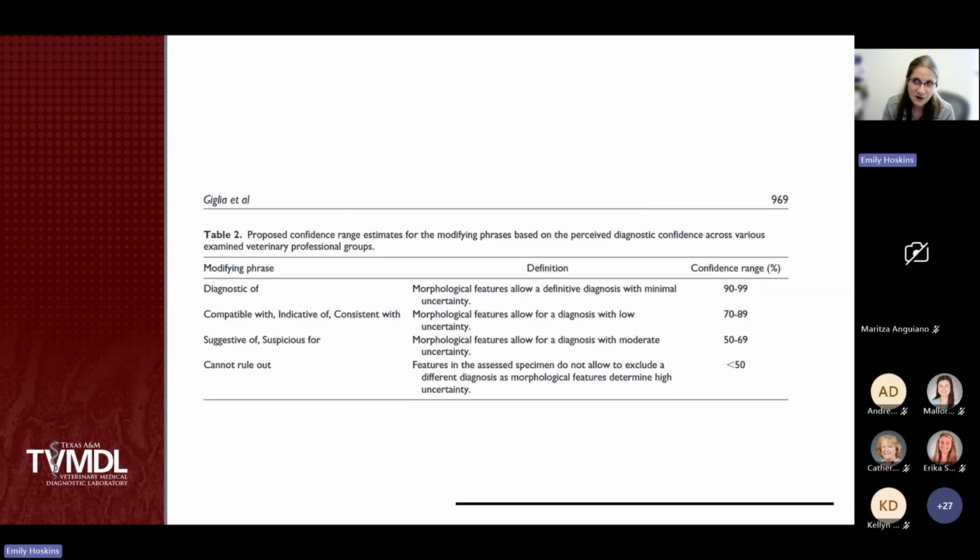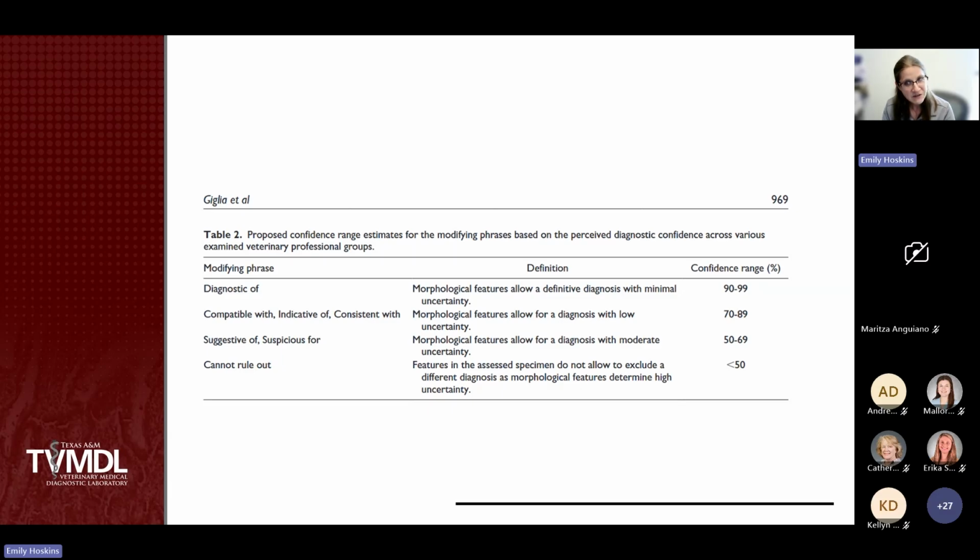So they did surveys of about 750 individuals. Some were pathologists, some were residents, some were general practitioners, some were specialists, and came up with this breakdown of what people thought the confidence range was for these modifying phrases. The first one is diagnostic of. That has a 90 to 99% confidence range, which is one you don't hear terribly often. The next one is compatible with, indicative of, consistent with, and that is about 70 to 89% confidence range.